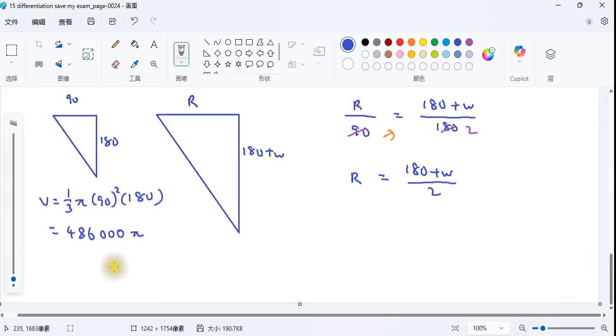Then the volume of the bigger cone will be 1/3 π r squared times (180 plus w).